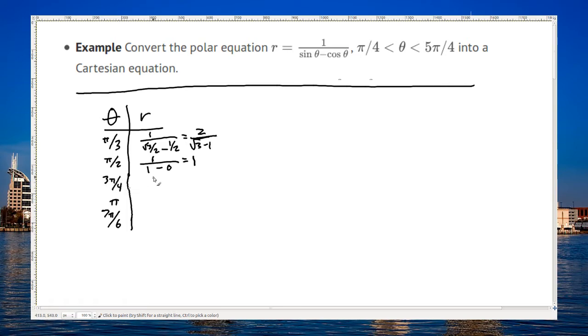5 pi over 4, I would get root 2 over 2 minus a negative root 2 over 2. So I get 1 over root 2 there. For pi, I get 0 for sine and negative 1 for cosine, getting us a positive 1 again.